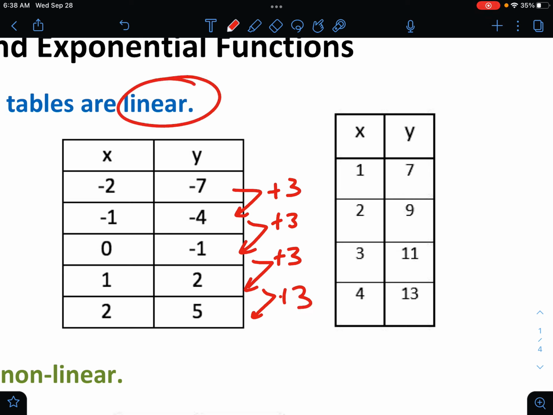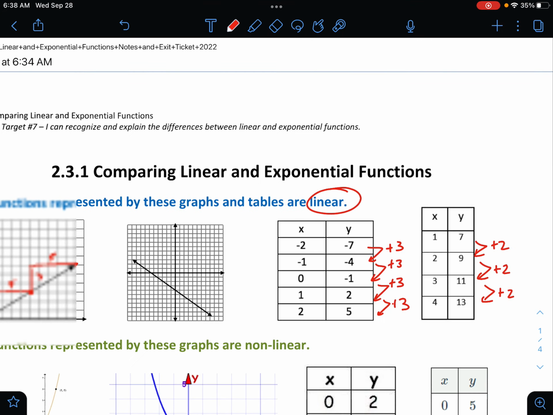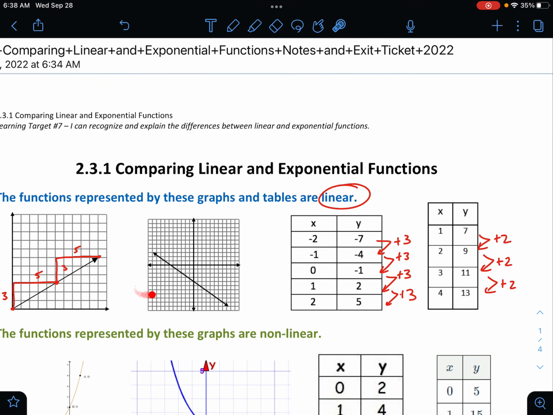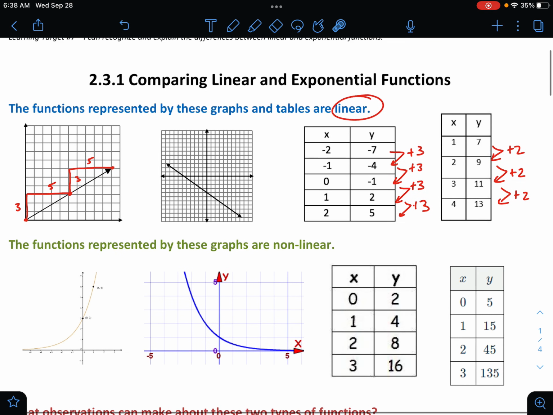Same thing here. To go from 7 to 9, that's adding 2. 9 to 11, that's adding 2. 11 to 13, that's also adding 2. So that's what makes a graph or a table linear, is that it's adding or subtracting the same number every single time.